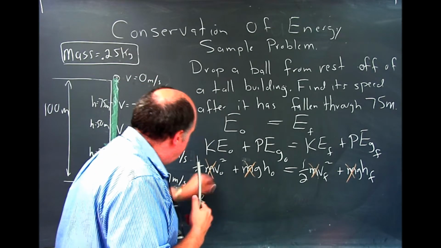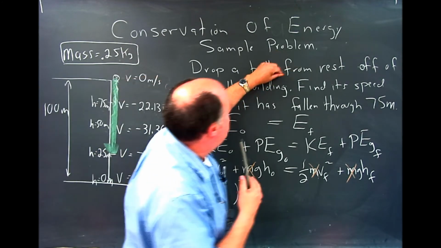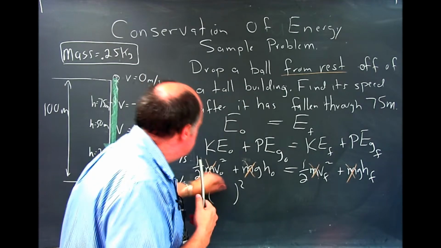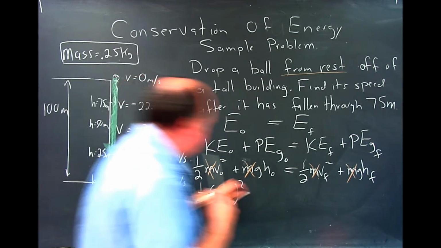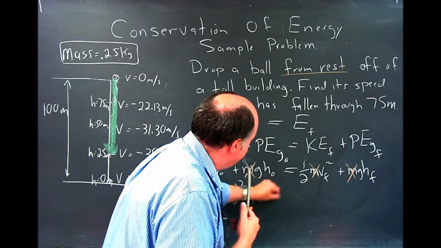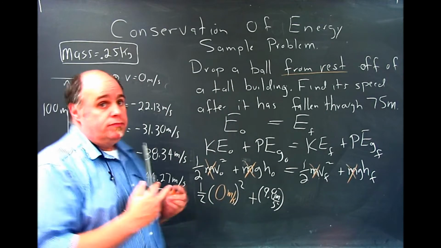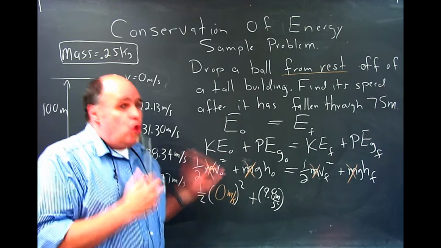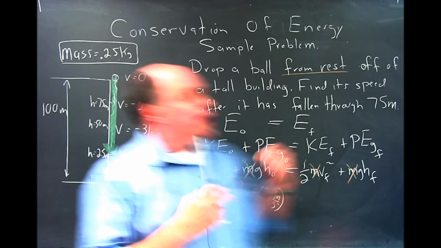So if I plug it in, I would plug in 1/2. Now the initial velocity of this ball was from rest, so I'll say 0 meters per second. Plus, gravity is the number 9.8, and the initial height of it, I don't exactly know what the initial height of it is. I can call any height whatsoever a relative height of 0.